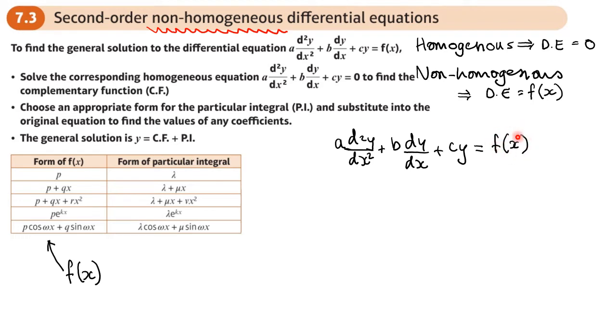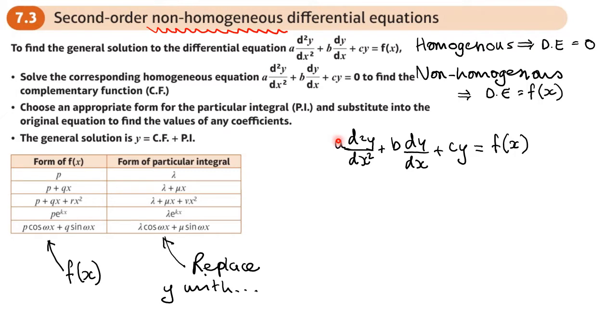Now what we do is, whatever the form of f of x, we then replace y with the form that goes with it over here. So once we've decided what form f of x takes, we then replace y with one of those forms in the table.